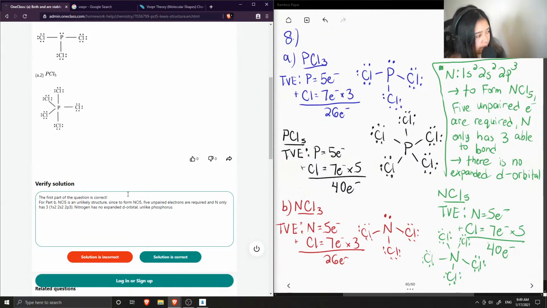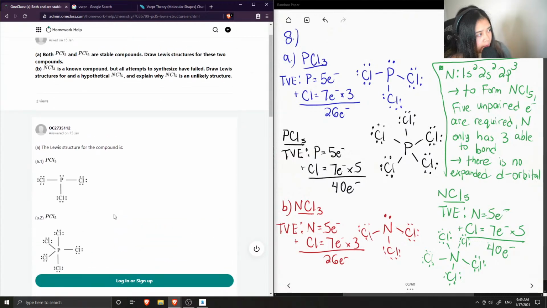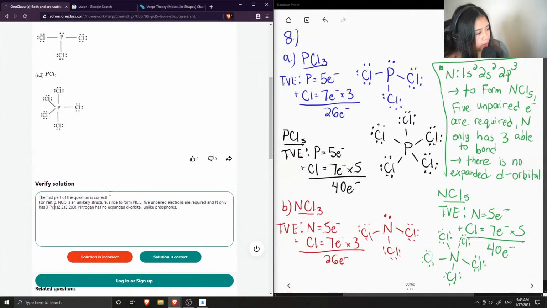Okay, so I said for part B, NCl5 is an unlikely structure since to form NCl5, 5 unpaired electrons are required and nitrogen only has 3. And then I just tried to draw its electron configuration. Nitrogen has no expanded d orbital unlike phosphorus. I think that was like the main part of the question that should have an answer, so I'm just going to say this solution is incorrect.